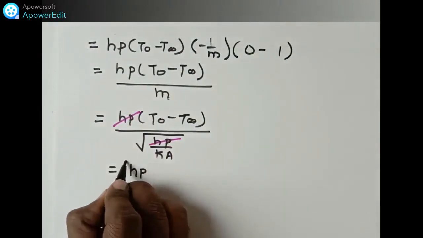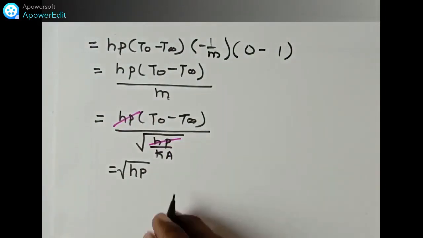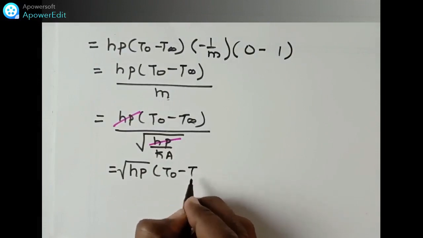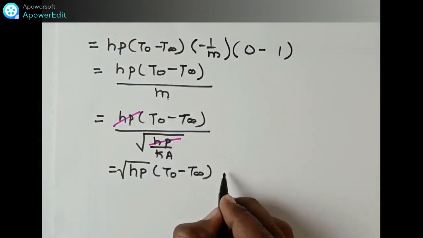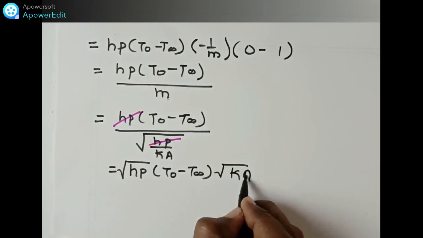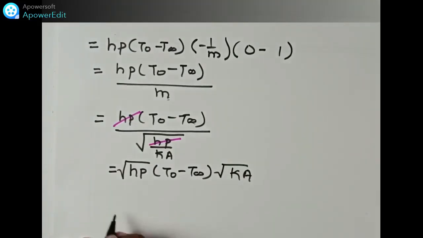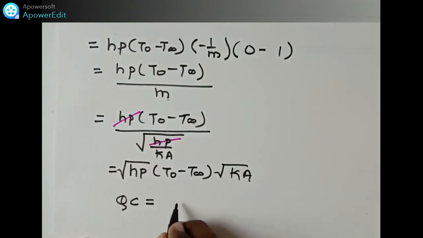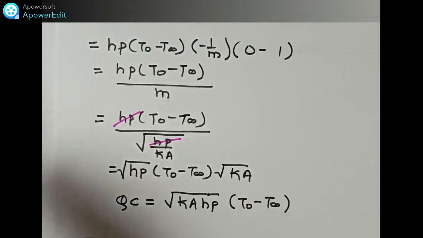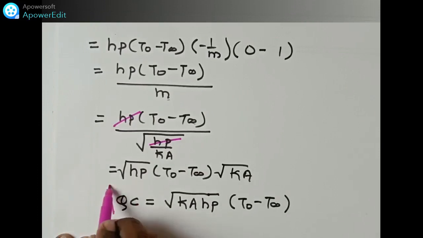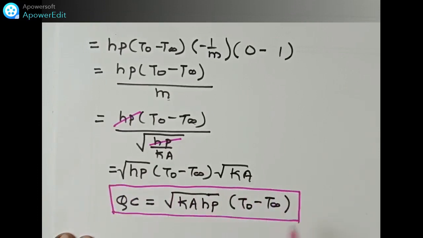So here square root of HP will come into this temperature difference and this 1 upon KA will come here at the numerator. So finally QC will be square root of K into A into HP, T naught minus T infinity. This will be the equation for heat flow rate by convection, say equation number 9.